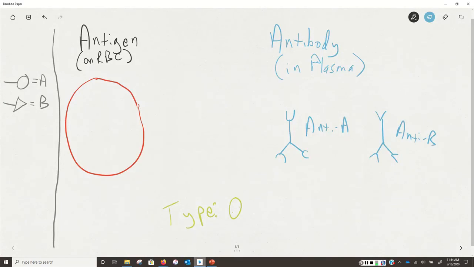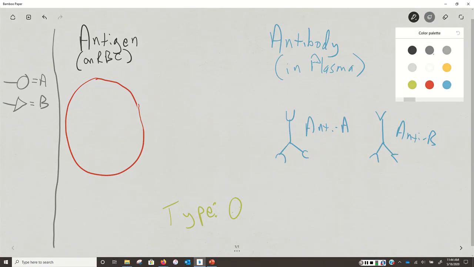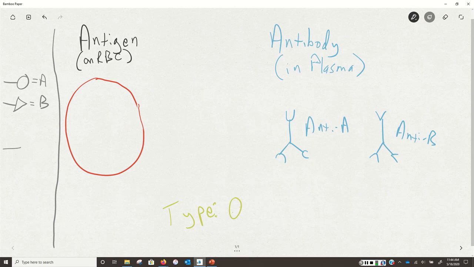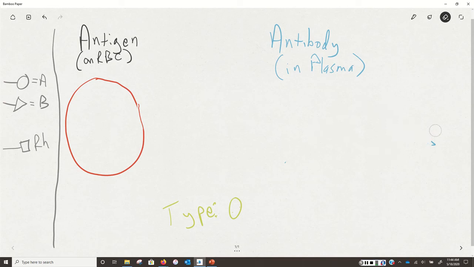So I'm going to add another item to our key over here and just say square on a stalk is the Rh factor or the Rh antigen. Let's erase our antibody so that we can do an example or two.